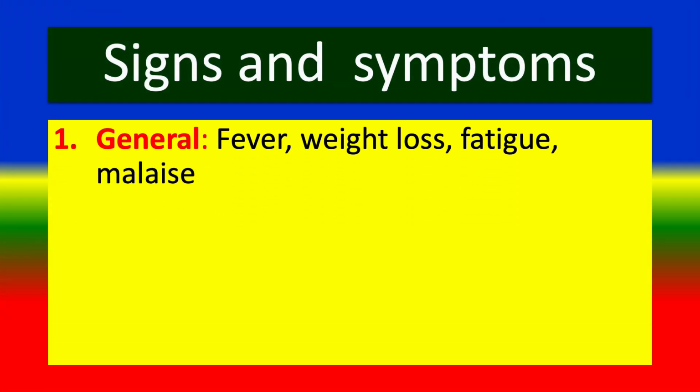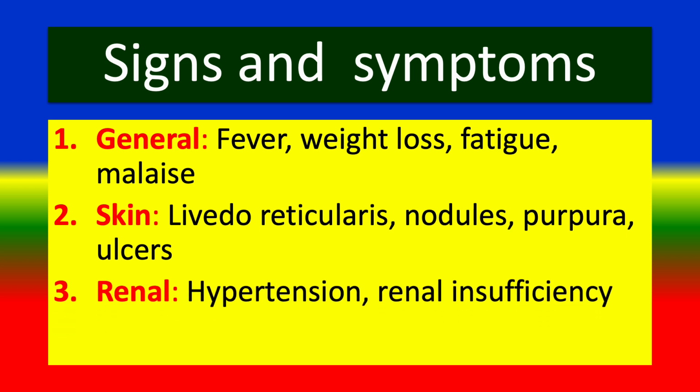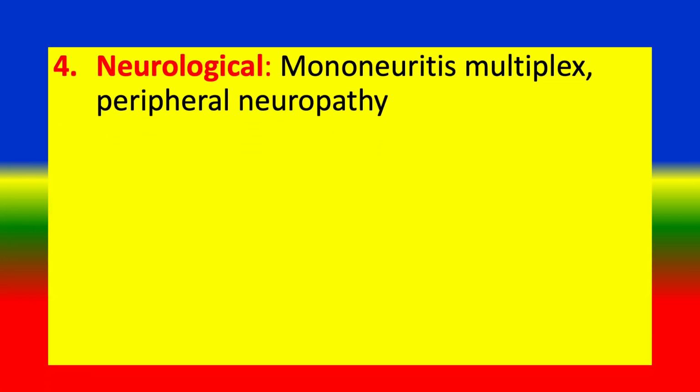Signs and symptoms. 1. General symptoms: fever, weight loss, fatigue, malaise. 2. Skin: livedo reticularis, nodules, purpura, ulcers. 3. Renal: hypertension, renal insufficiency. 4.